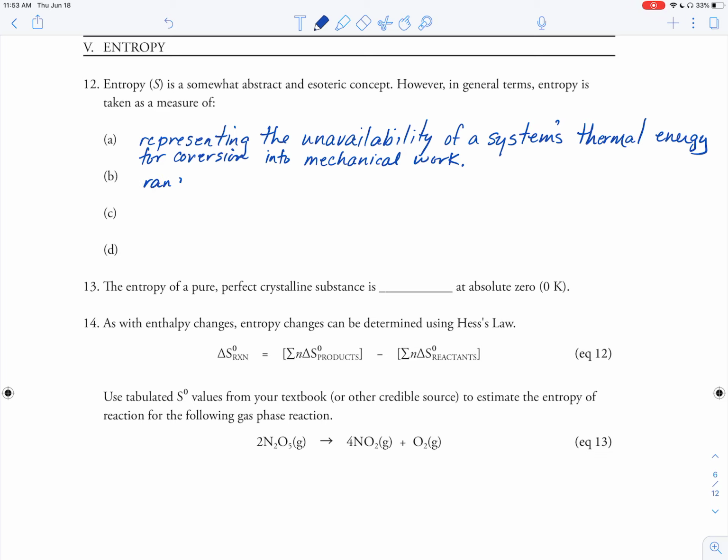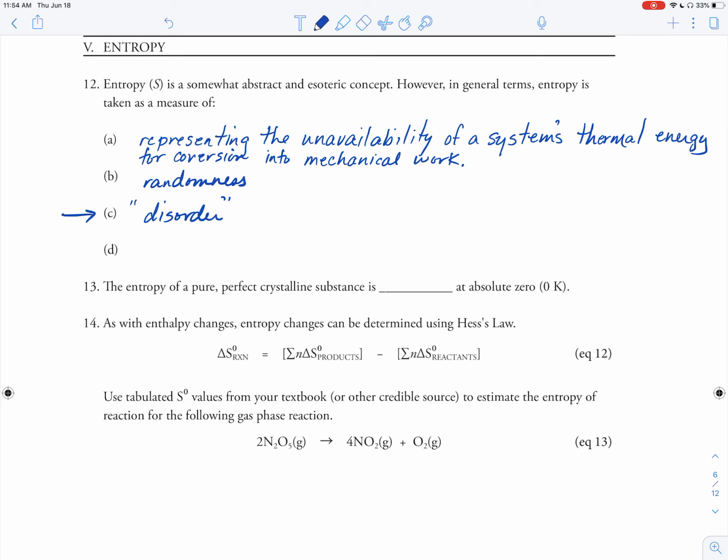A lot of times when we talk about entropy, it's really considered the randomness of a system. You might even see it referred to more often as the disorder of a system. In fact, probably most of the time we talk about entropy as just the measure of disorder of a system.